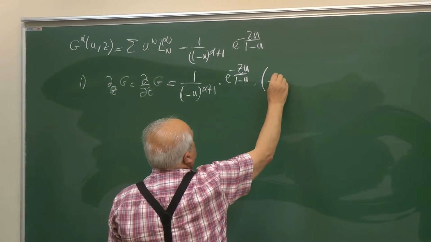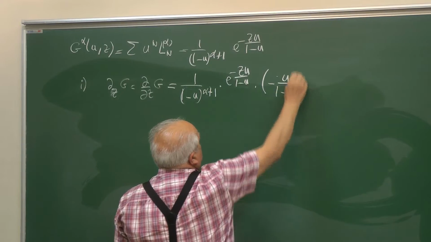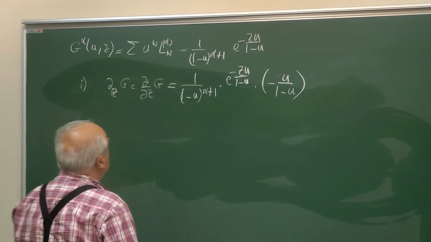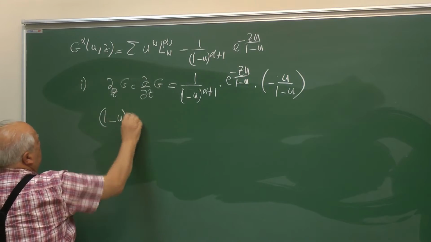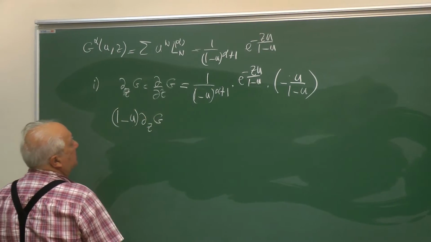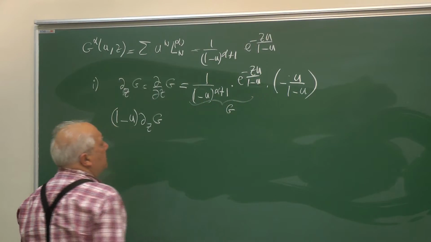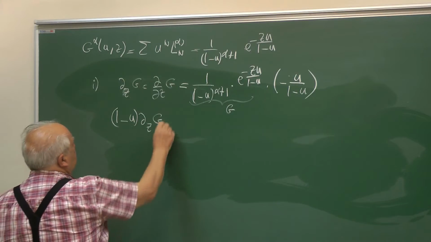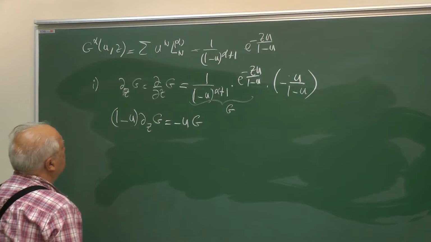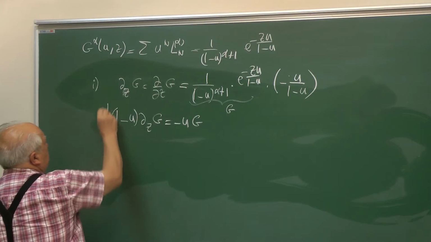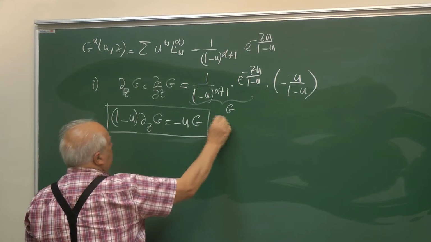So this is minus u over 1 minus u. We multiply out 1 minus u: 1 minus u times delta z G. This is just G. That's equal to minus uG. So that's our relation 1. I will call it A.